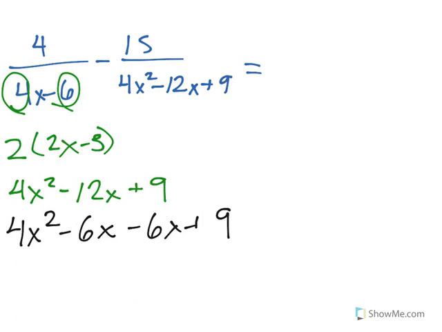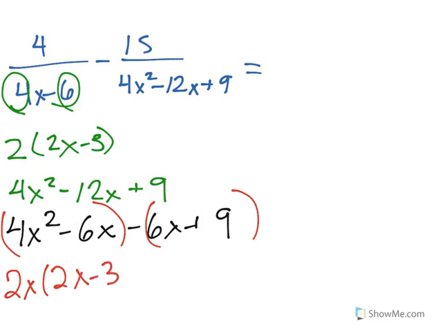And so now we can just group the terms together and factor them out. So we have 2x and we're left inside with 2x minus 3 right here, and then here we can factor out a negative 3, and we're left with 2x minus 3.